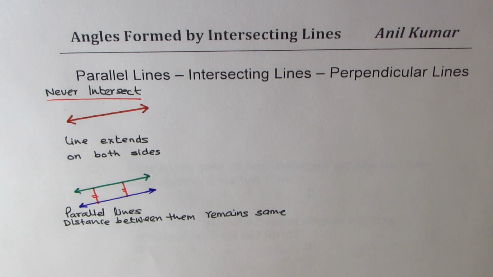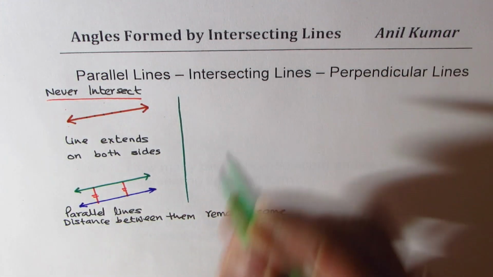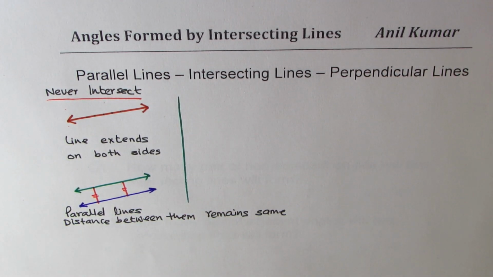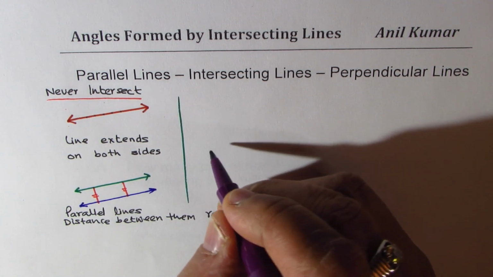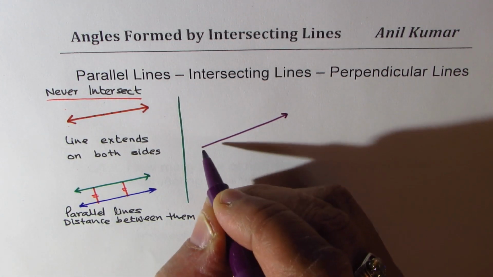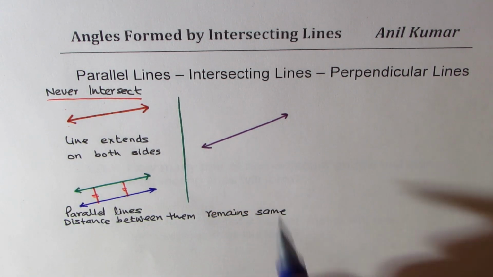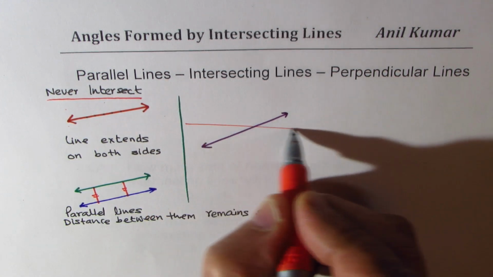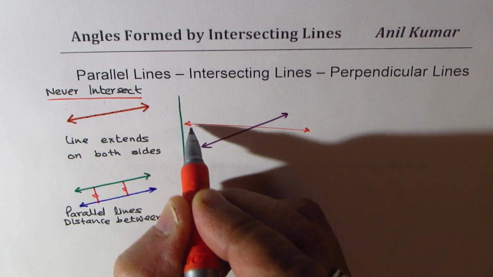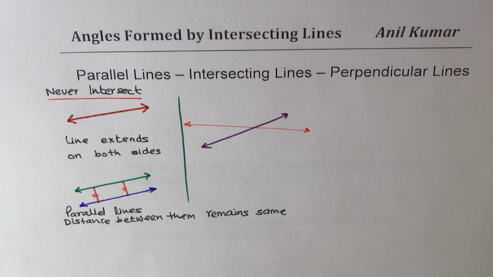Now let's talk about intersecting lines. So what are intersecting lines? Intersecting lines, on the other hand, are the lines which will intersect. For example, if I have one line drawn like this, then the other line, which is not parallel, maybe kind of like this. As you can see, they will intersect.